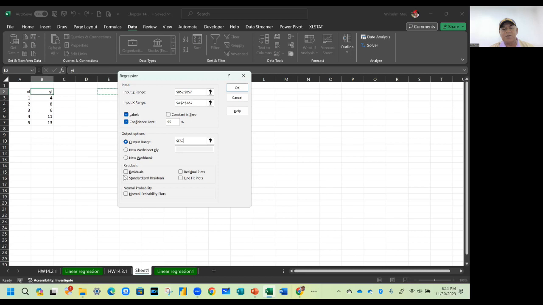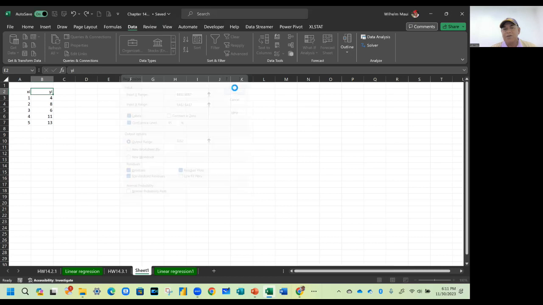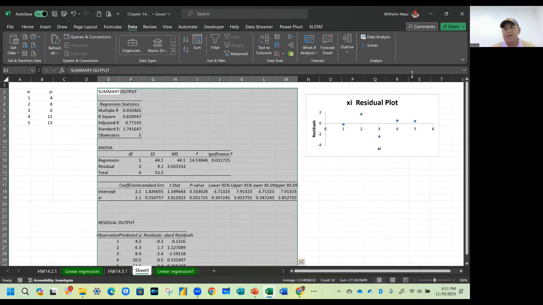Then if you look on the bottom, you see all of these other options. You want the residuals. Now, in our coverage, we haven't really covered the residuals, so we're going to compute them, and then you're going to read backwards, and then you try to get the interpretation, right? So in the interest of time, you can say, okay, compute the residuals, and you can also standardize residuals, and then give me the plot, right? And then click OK, no? Click OK, so that here are the residual plots, right?